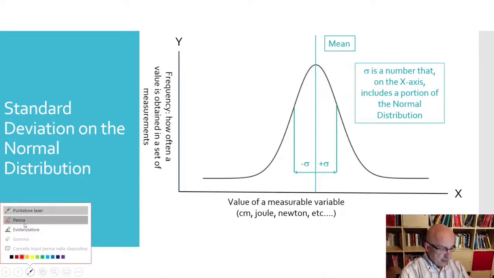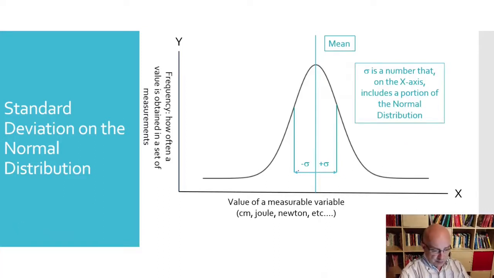I can consider this value here and this value here, and in a vertical array, it will strike the curve in these 2 points, okay?